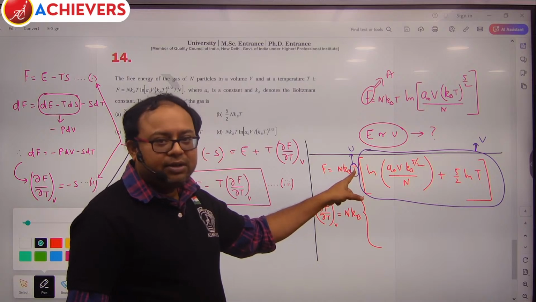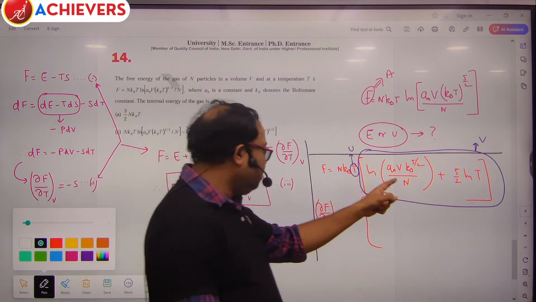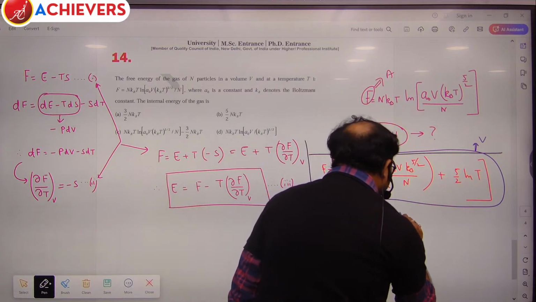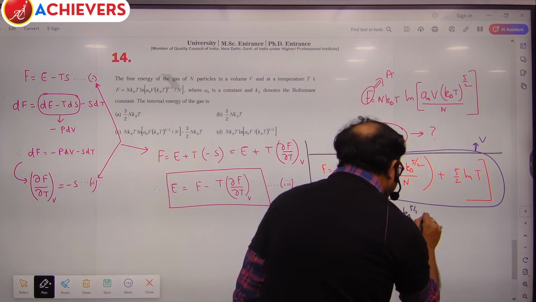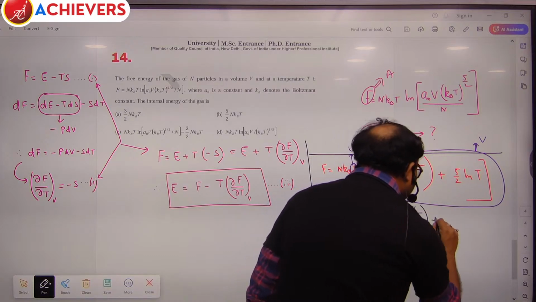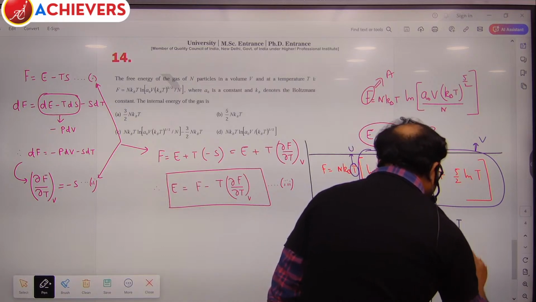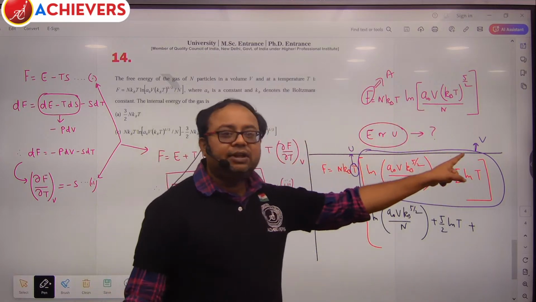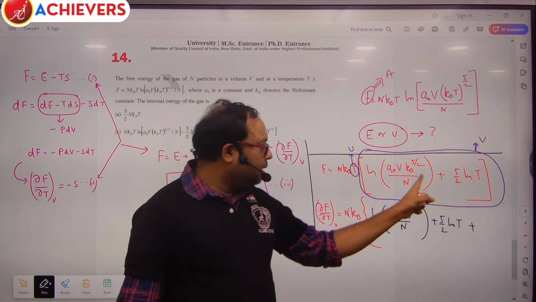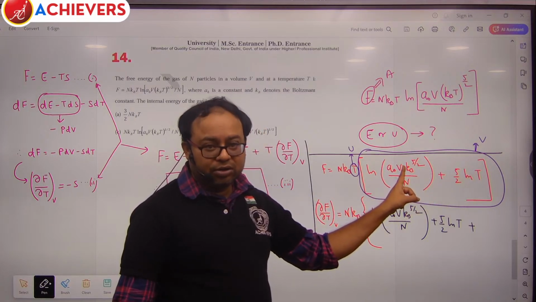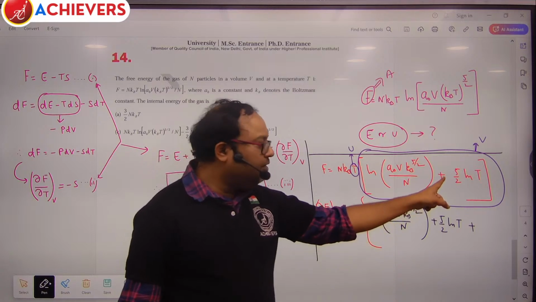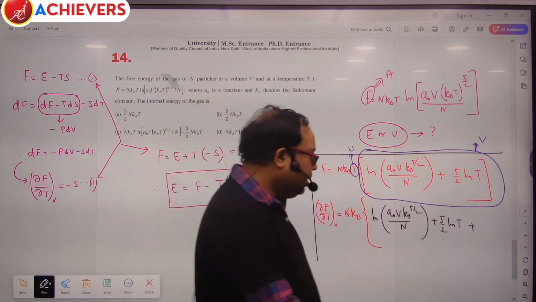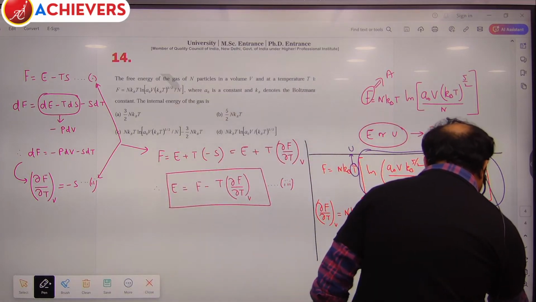If T is differentiated with respect to T, it's just 1. So we just write the V term, ln A0 V kB to the power 5 by 2 divided by N plus 5 by 2 ln T, plus, now you are differentiating V. Upon differentiation of V, the first term is reduced to 0, so it's a constant. You will be left with 5 by 2 d/dT of ln T, that is nothing but 1 by T. So it's 5 by 2T multiplied by this T.